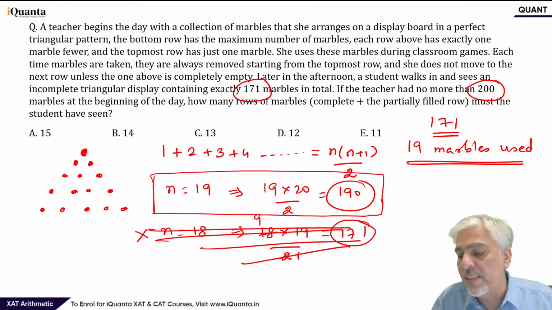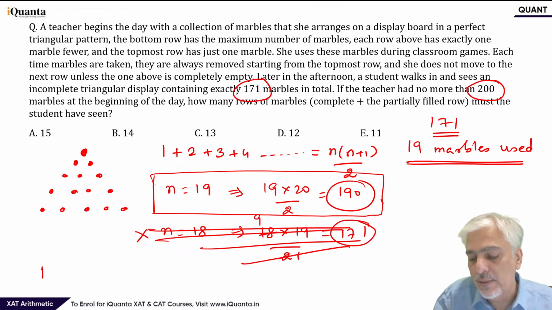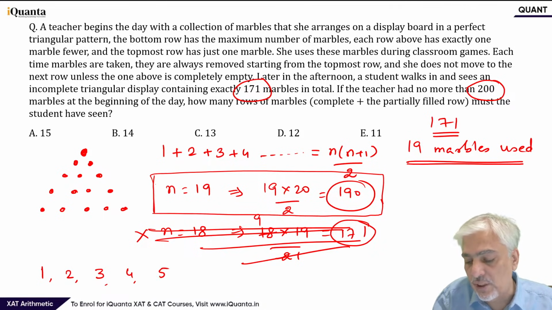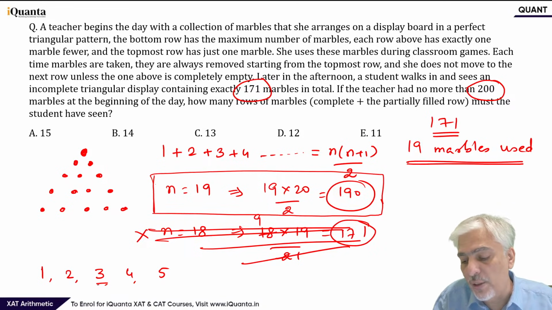If 19 marbles are used, from the top, she will remove one marble पहले. Second में से दो. इसका ओरल कैलकुलेशन करते रहो. 3, 4, 5. If I remove 5 rows, 15 marbles are gone.